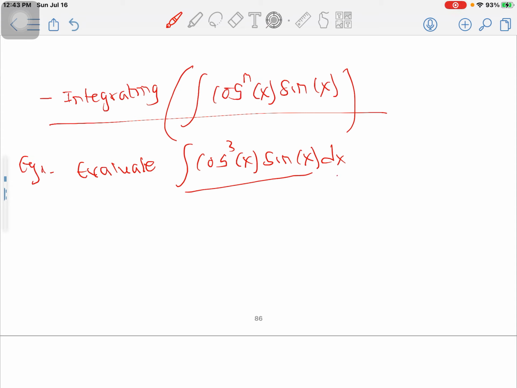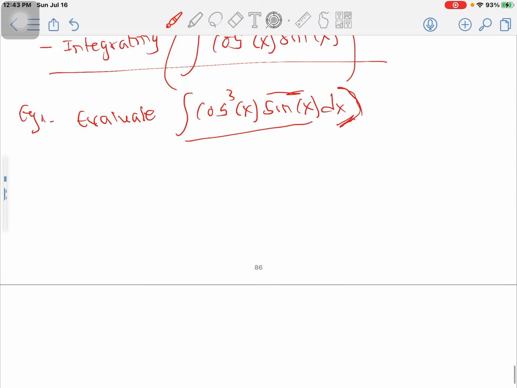And remember that when we were doing the u substitution, we wanted to represent everything in terms of u, and therefore we need to replace the dx. And when you replace it, that will help us to cancel this sine value out, and you will be left with only the cos function. So let's proceed and see how we do it. So in applying our u substitution, you can say let our u equal to cos x.